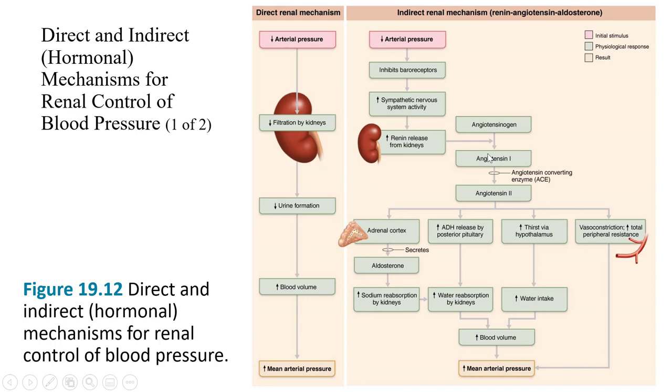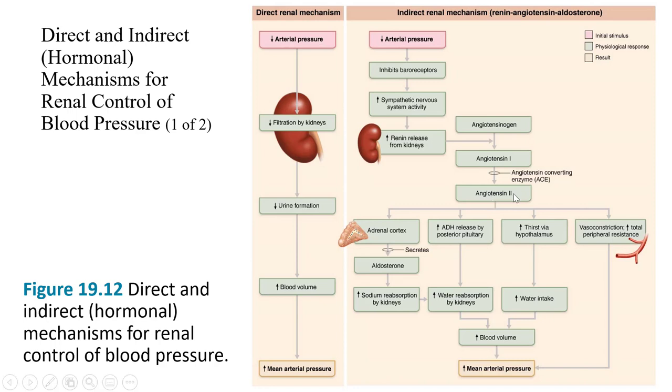Once angiotensin 1 is there, it needs to be converted into angiotensin 2. There is an enzyme, angiotensin converting enzyme, produced by your lungs. It is released in the lungs and converts angiotensin 1 into angiotensin 2.